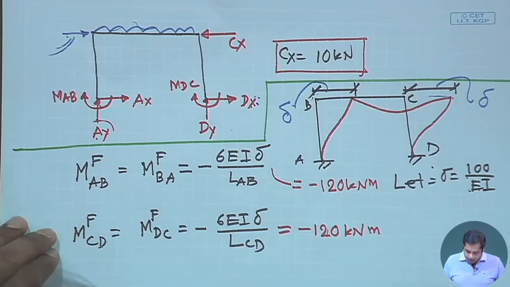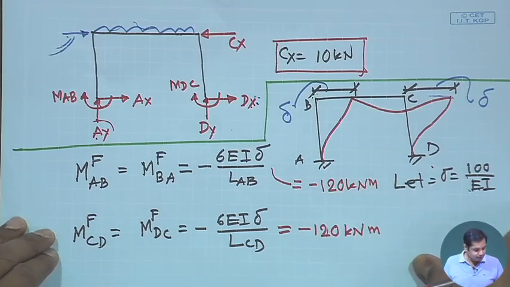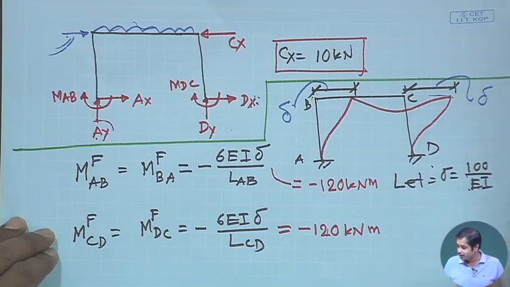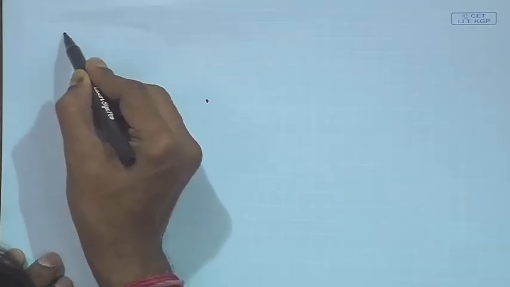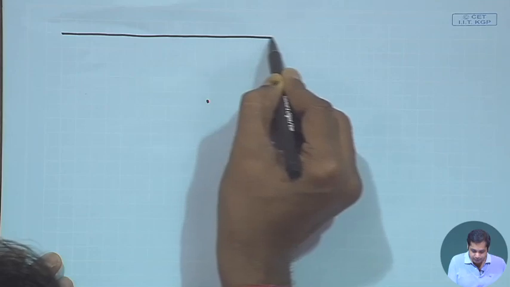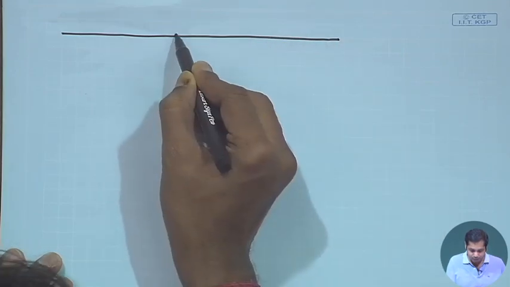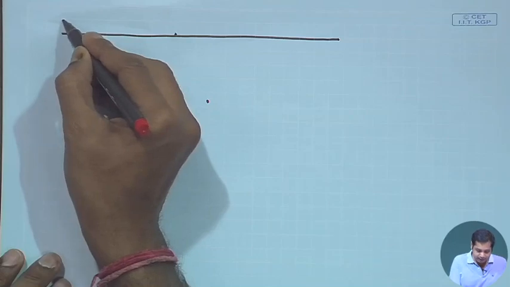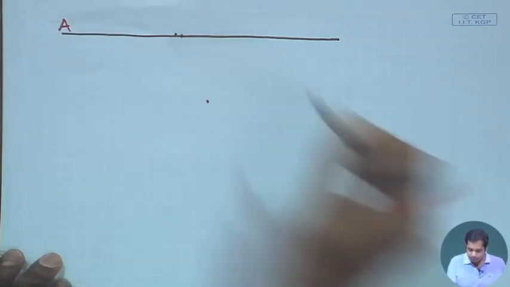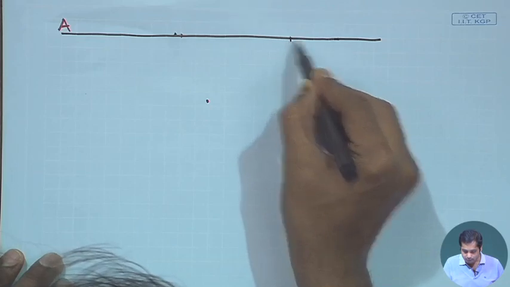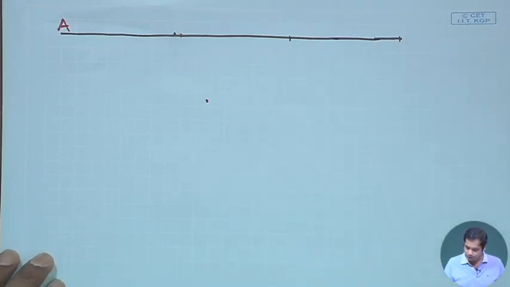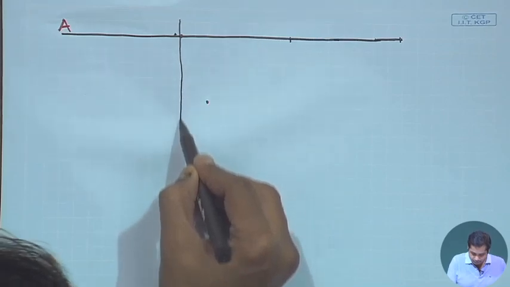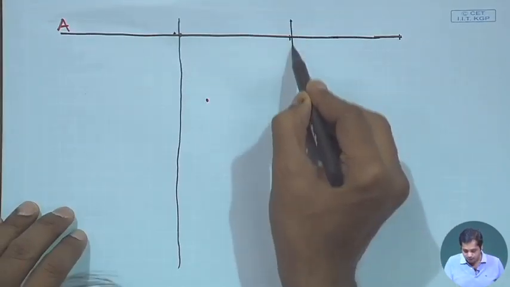Now, once we have the fixed end moments, the rest is to do the iterations. Let us do the iteration. The iterations in moment distribution method, the same thing we have to do. We have 3 members, the same procedure will follow. Suppose this is A, and draw a line.